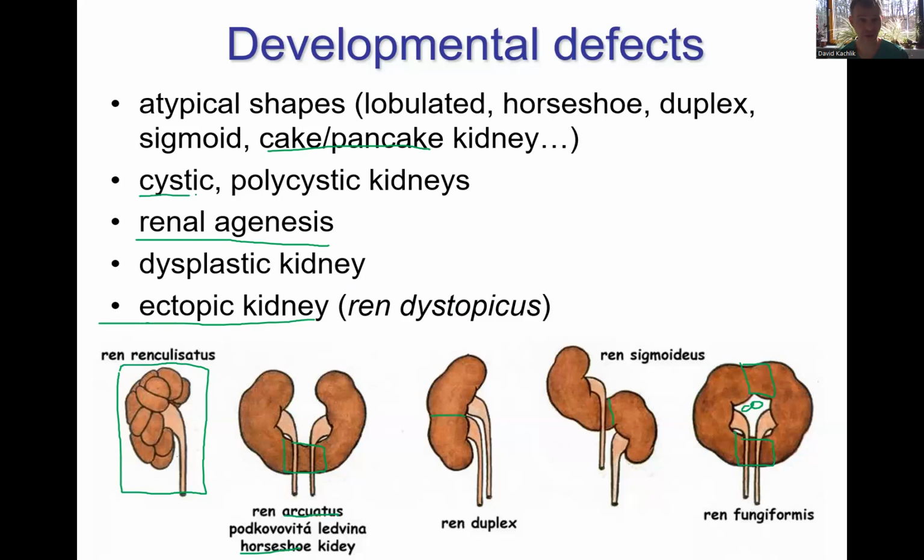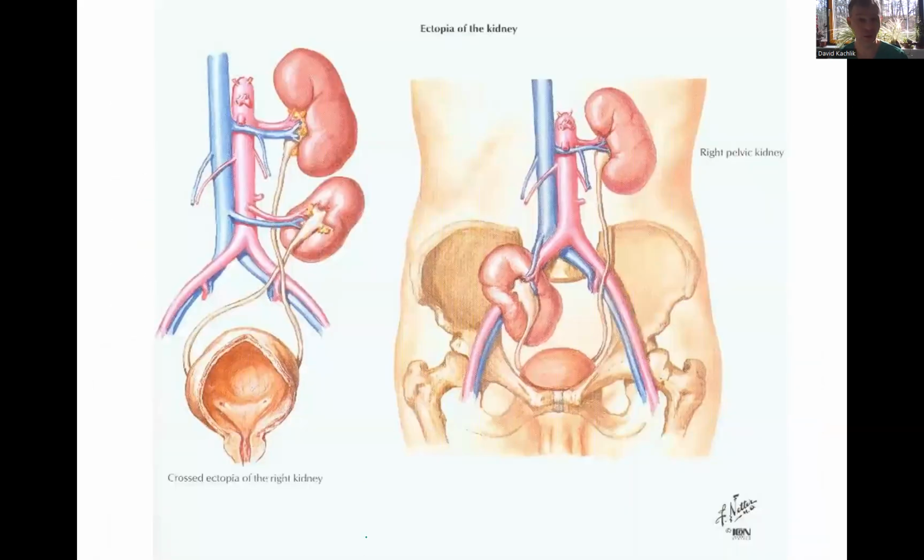Kidneys can feature cysts, which I showed you on MRI, small cysts, or they can be polycystic, as I said, an autosomal dominant hereditary disease, which then needs dialysis and transplantation.